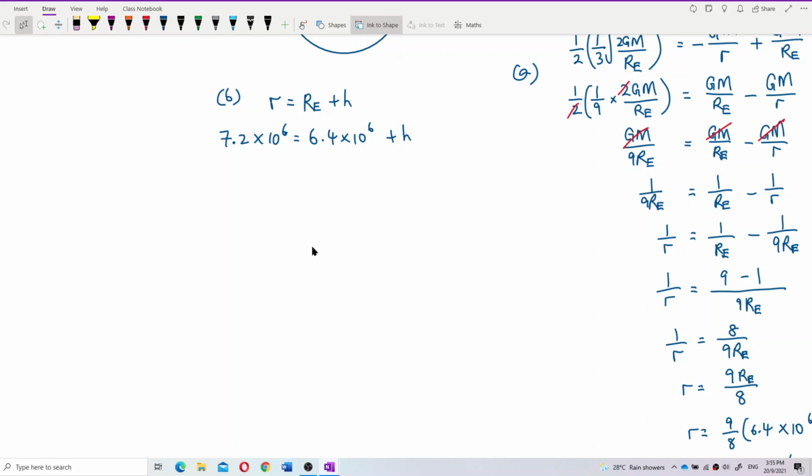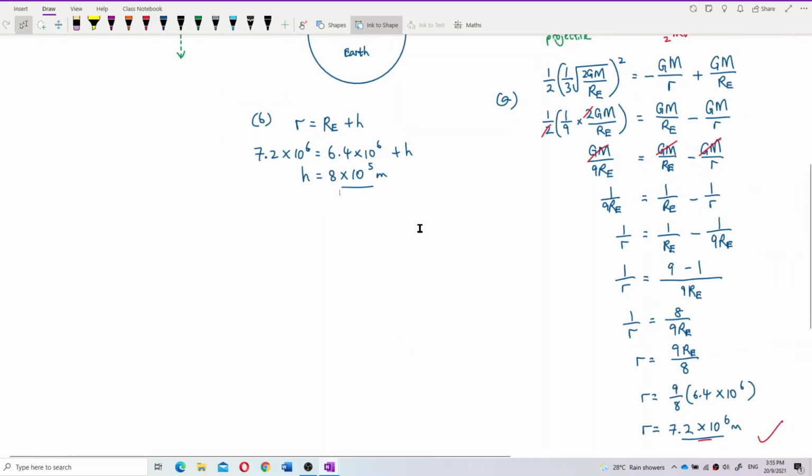So minus out the radius of Earth, then that is the answer already. My h is 8 exponent 5 meter.